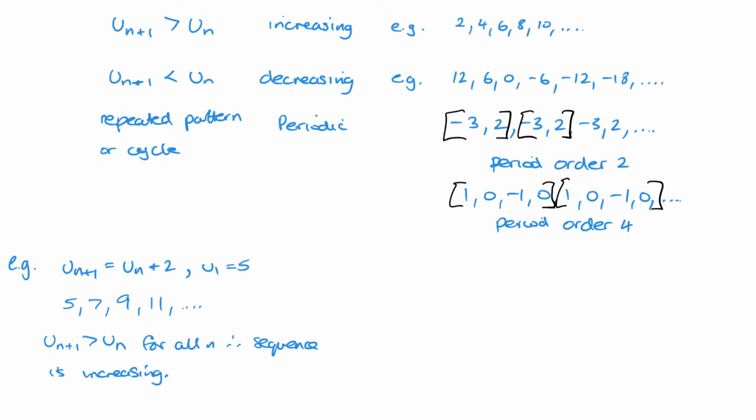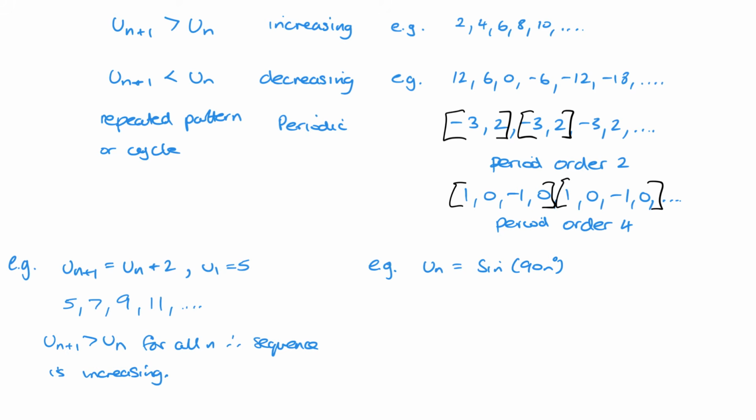Very much the same as if we had a decreasing one, so I won't do a second example for decreasing, but one that's a nice one to show the periodic one is when we look at trig. If we're thinking of our sine, cos and tan graphs, we know that they repeat. There's a repeated pattern there. So if we look at this one, think of the first few values.